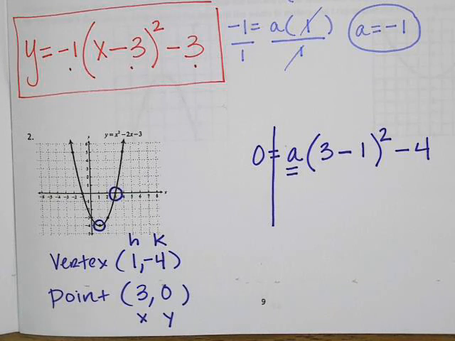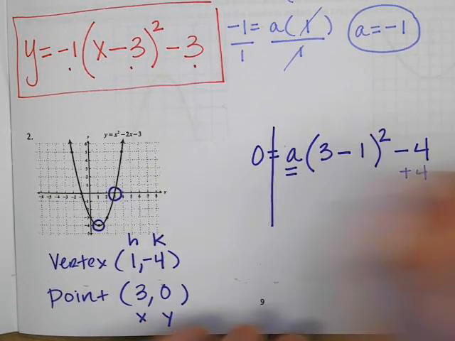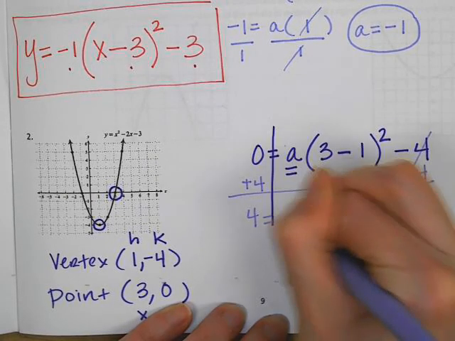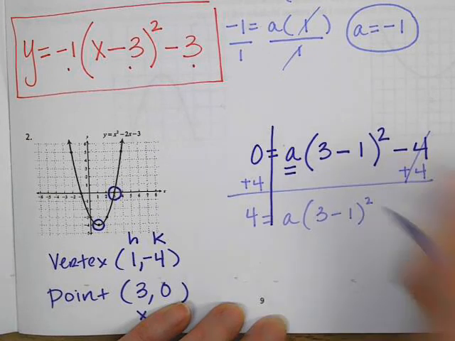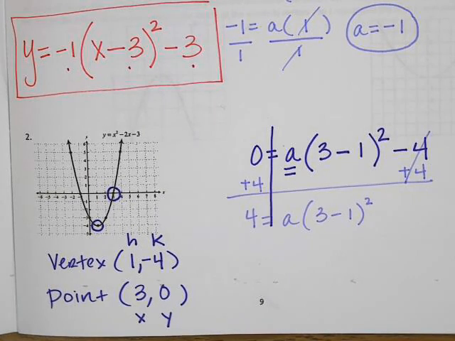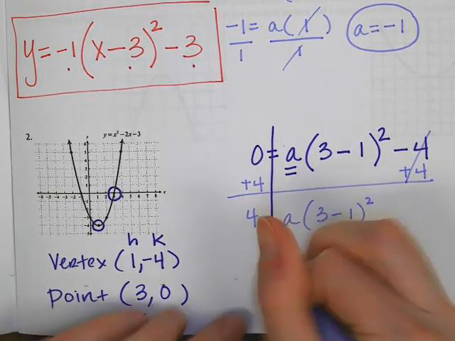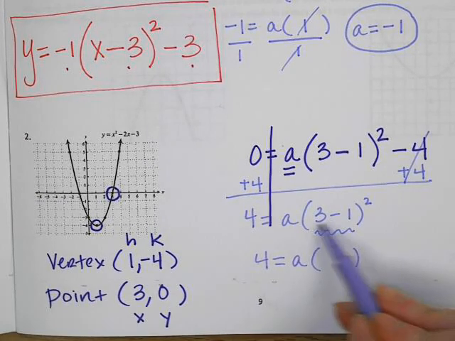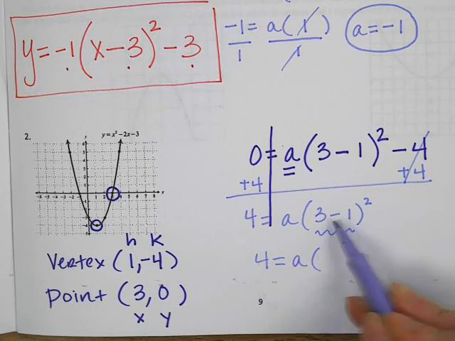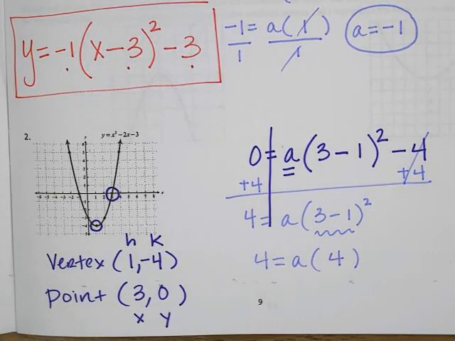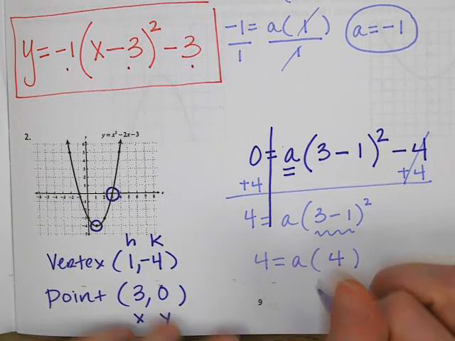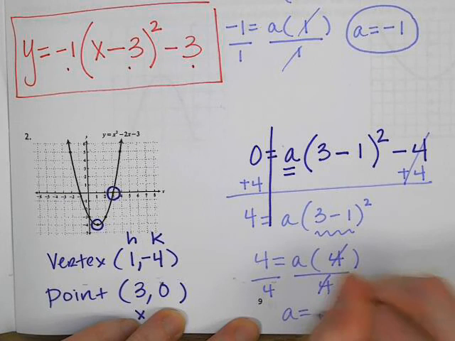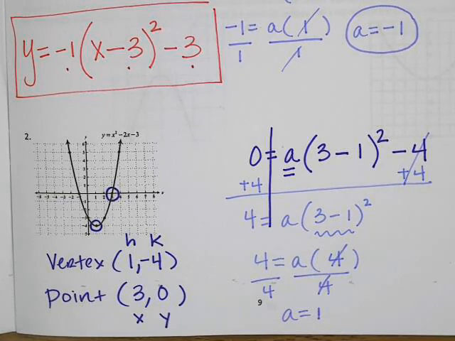So if you're solving for a, you probably want to add the 4 over first. And then we have 4 equals a times (3 minus 1) squared. And then let's figure out what the parenthesis part is. So 4 equals a times 3 minus 1 is 2, and 2 squared is 4. And then pretty easy, divide by 4, divide by 4. So 4 divided by 4 is 1. So a is 1.